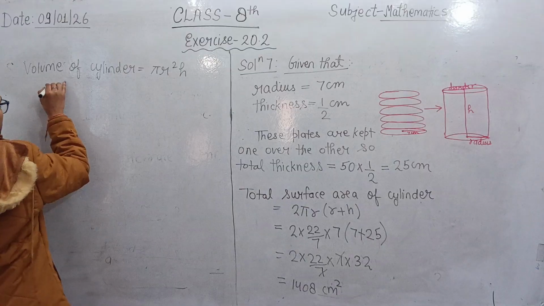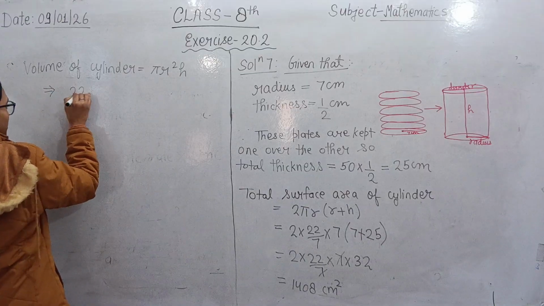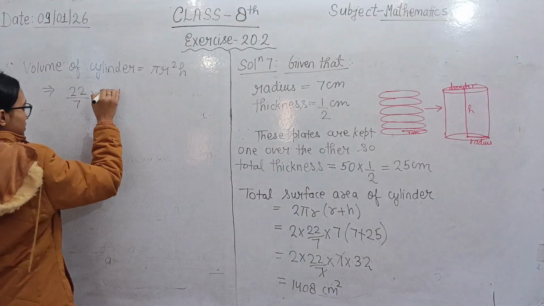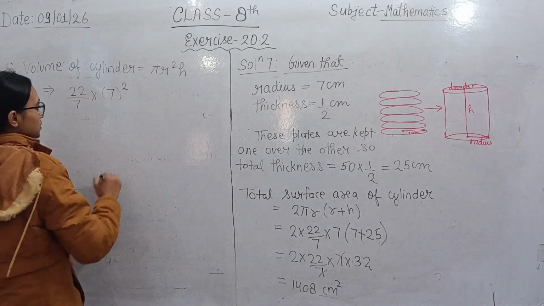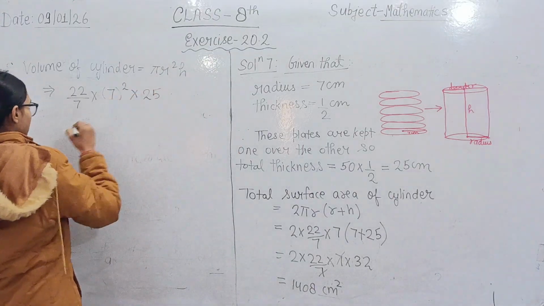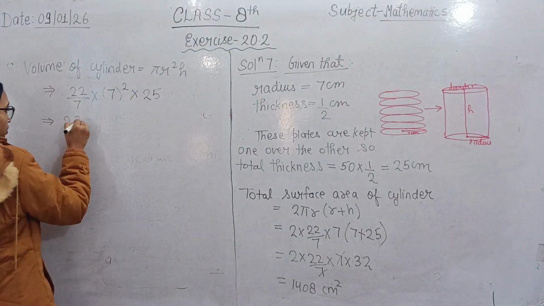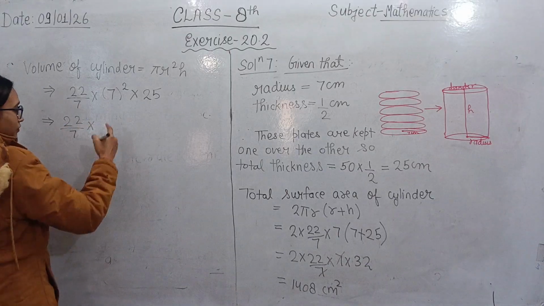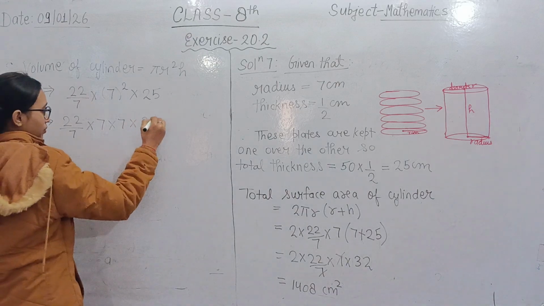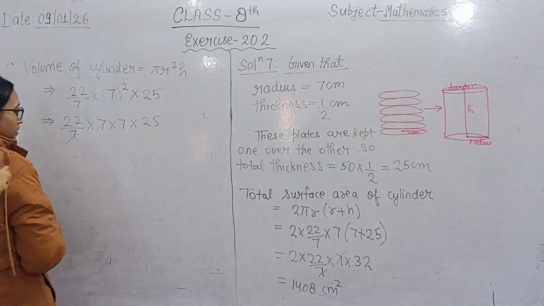Now we will put values. Value of pi is 22 upon 7. R means radius, and radius is given as 7. So 7 whole square multiplied by h means height, and height we have calculated 25. 22 upon 7. 7 whole square we can open and write it as 7 into 7 multiplied by 25. 7 and 7 will get cancelled out.